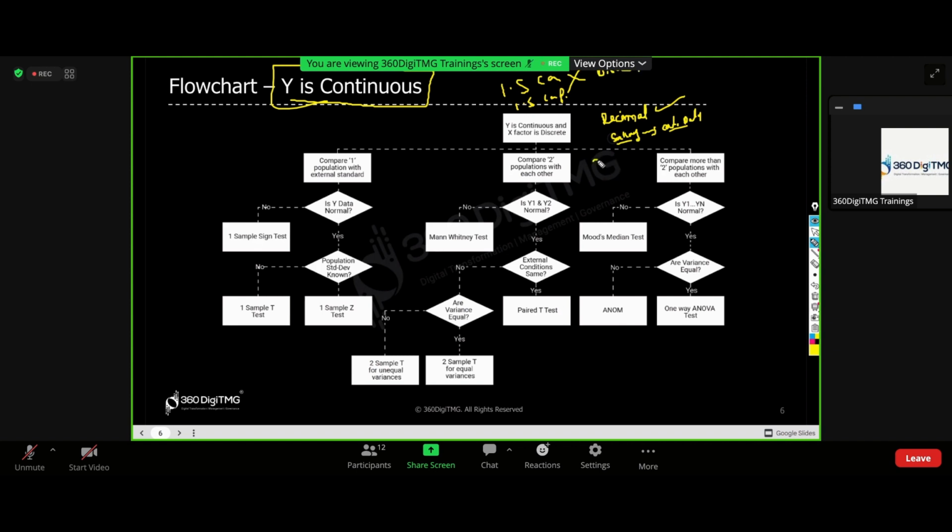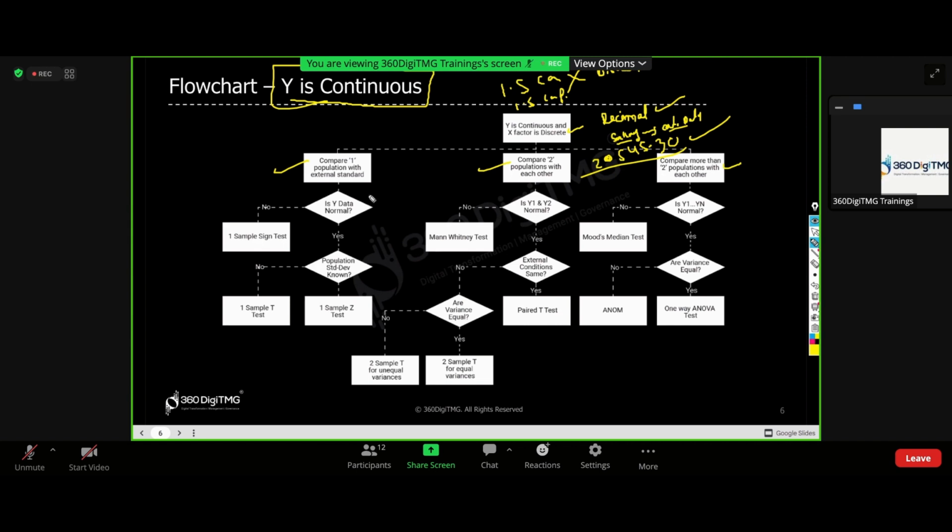So this is your discrete data. When you say 20,545.3 something, this can be a type of salary, right? Or currency. So this is a continuous data type. So when it comes to continuous data type, compare one population with external, compare two populations with each other, compare more than two populations with each other.